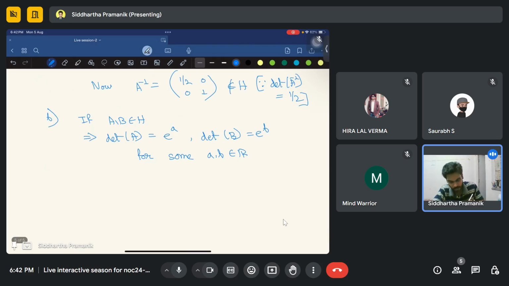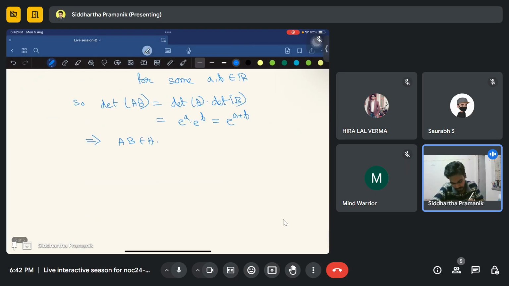So what about the determinant of the product? The determinant of the product is just the product of the determinants. So it is e to the power a times e to the power b, which is e to the power a plus b. So that means AB belongs to H.